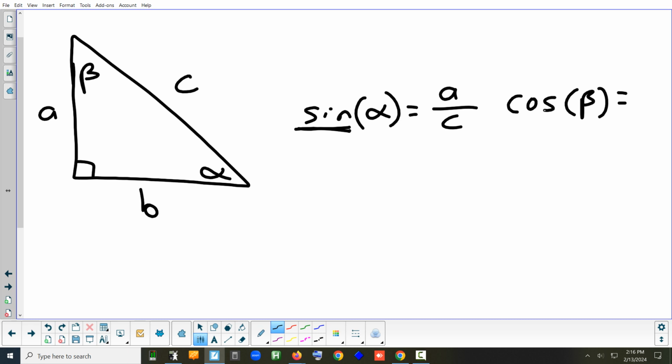What's the definition of cosine? Adjacent over hypotenuse. So from beta, what side is adjacent? A. And what's the hypotenuse? C. So what do you notice about the sine of alpha and the cosine of beta?